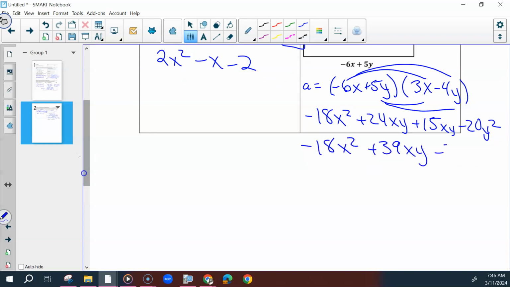So negative 18x squared plus 39xy minus 20y squared was the final answer. And the 5 points on that were, did you get these 4 terms correct and your final answer correct? Questions there?